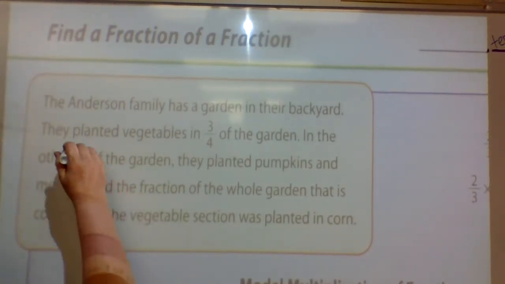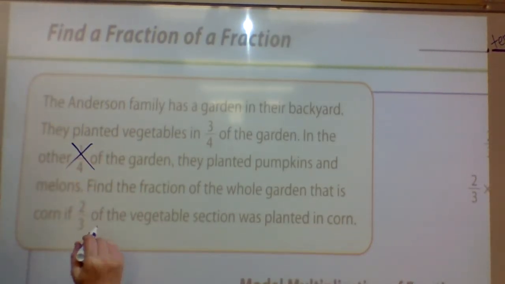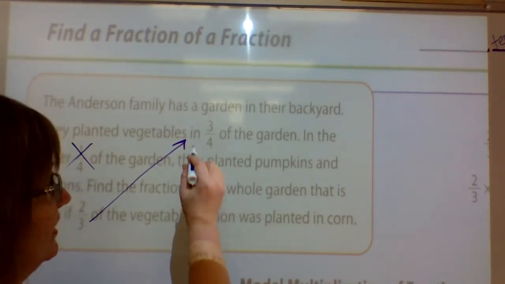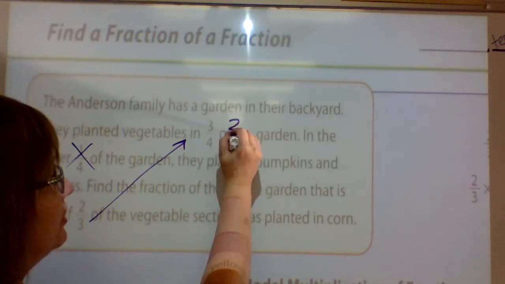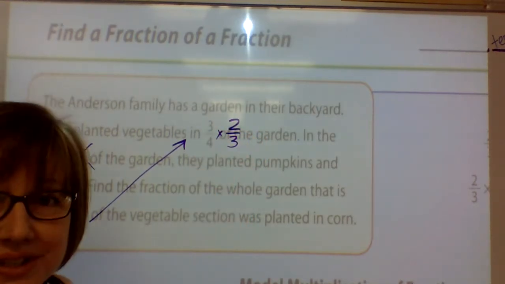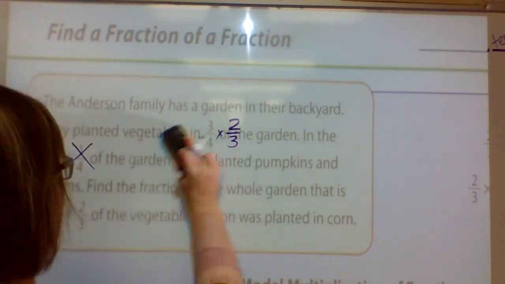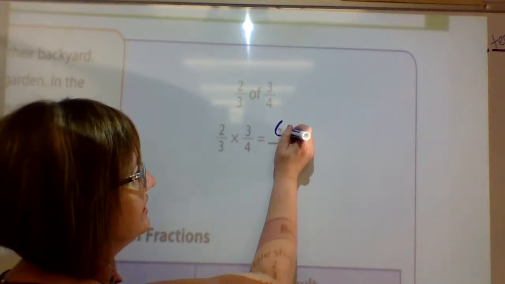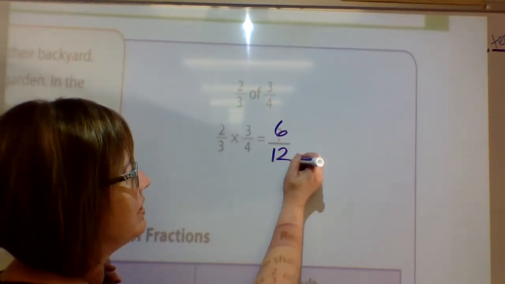Okay, so we don't need to know about the fourth with the melons. We're going to be in the vegetable garden, which is 3/4 of their garden. So we want to know what 2/3 of 3/4 is. So we're going to multiply them together. So over here, they show you multiplying. 2 times 3 is 6. 3 times 4 is 12.